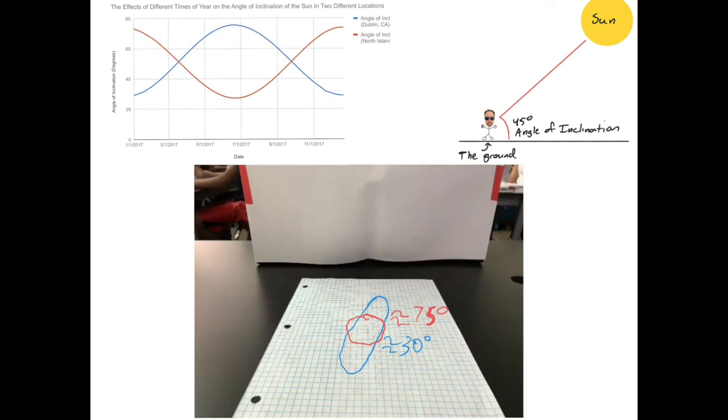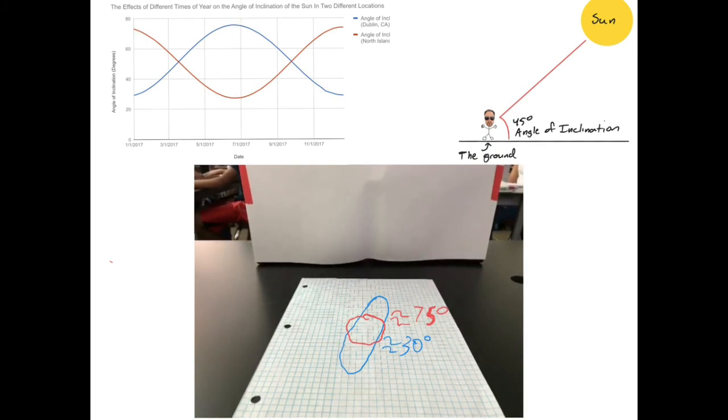Somebody on this side of the room. Yeah. So at a steeper inclination, it would be hotter, and what makes you say that? Because the sunlight's more directed in one spot rather than being spread around. All right, so he's saying that when it's higher, it's more direct, so it's going to be hotter. Is that the case on our graph? Yes. So if it's higher, it's here, and is it hot around July?